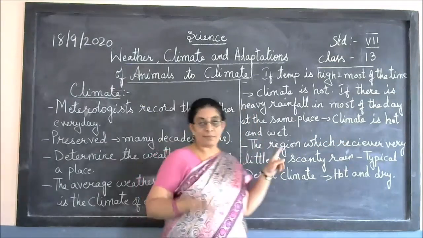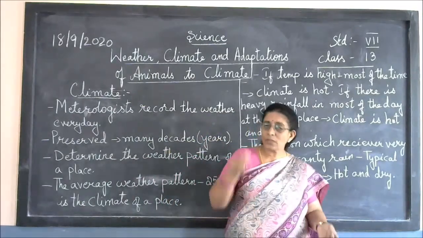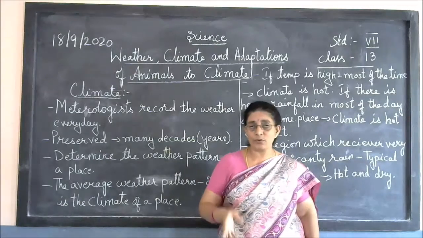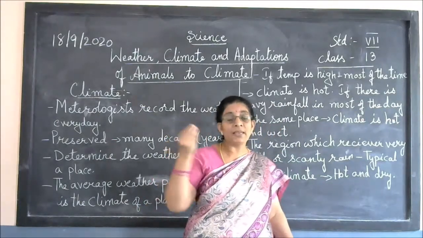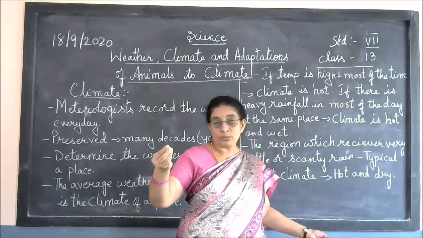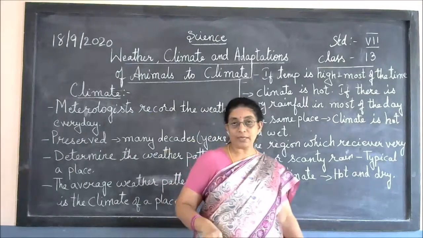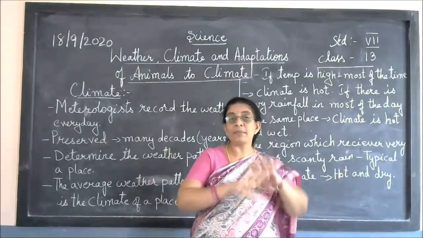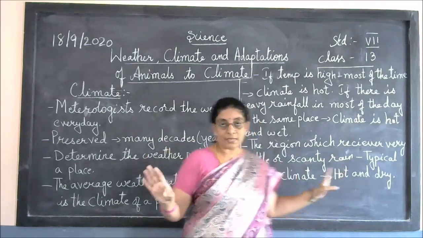Now there are some regions where they do not get rainfall, or they get very little or scanty rain. Hardly in a year, 1 day or 2 days, or maximum 5 days, they may get rain. Otherwise most of the time the place is always dry because there is no rain at all.